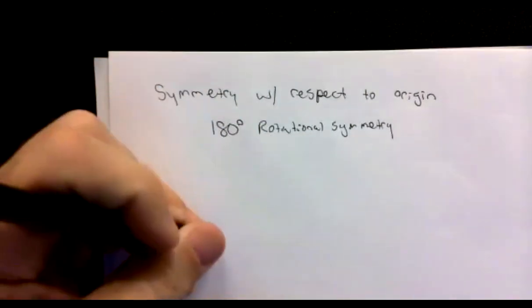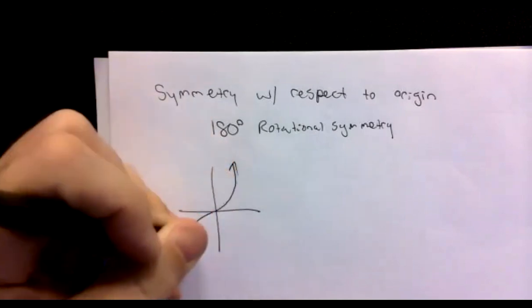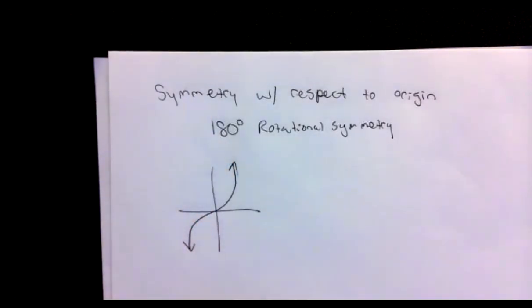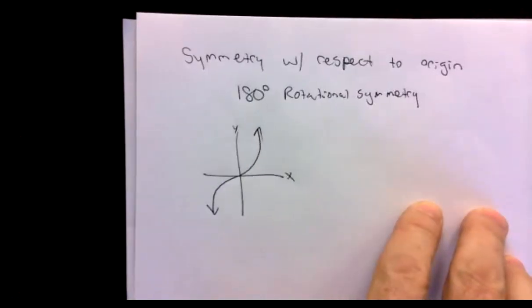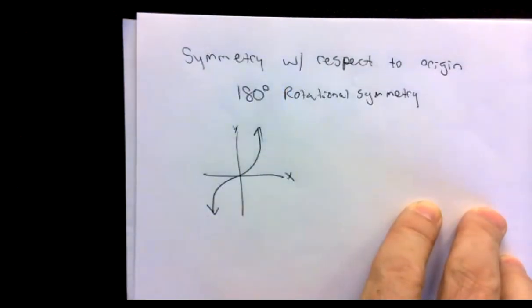And again, with respect to y and x, 180 degrees is a half of a full circle. 360 would be to completely spin it around. If we can turn this 180 degrees and we still get the same picture, so this is going down and to the left, up to the right.